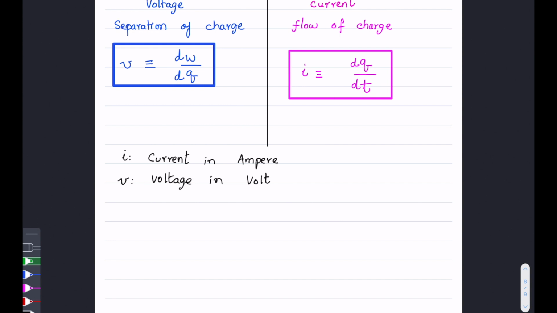And then W is the work done, work or energy in joules. Then Q is the charge in coulombs.